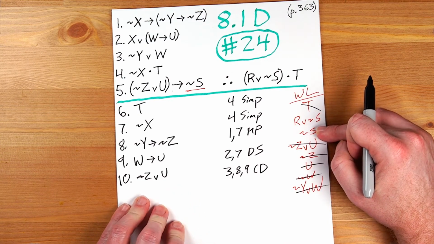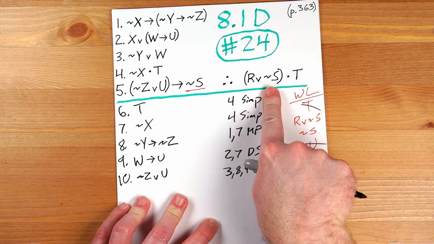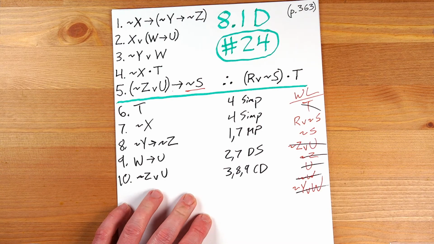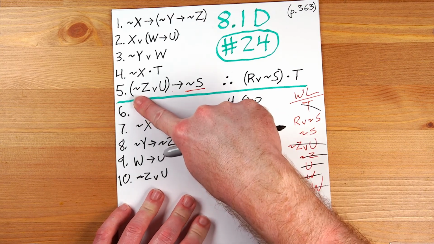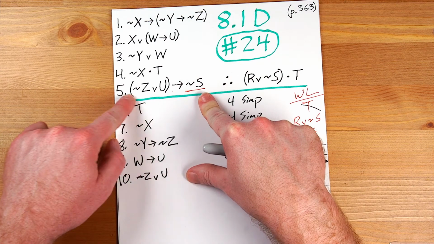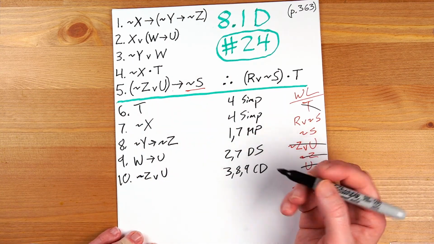So now we can move. What are we going to do next? Remember, we're trying to get not S in our conclusion. And we could just add the rest of that disjunction. So how can we get not S? Oh yeah, that's right. Line 5. Line 5, we said we want to get the left side, and we can do modus ponens. We got that in 10.